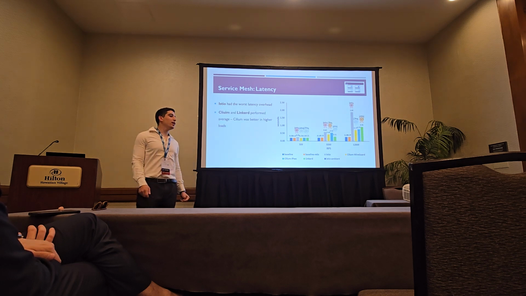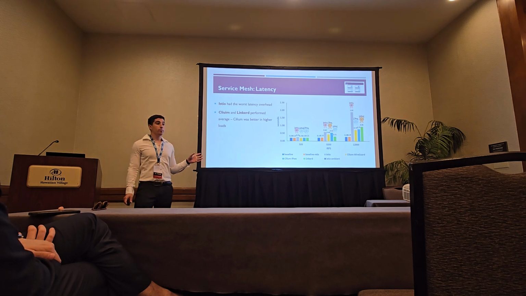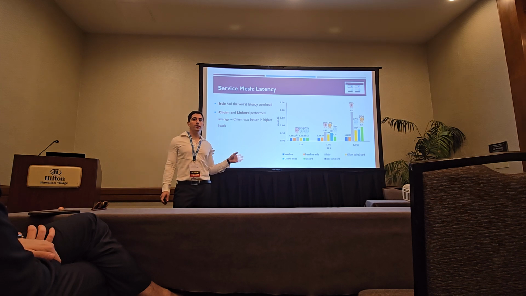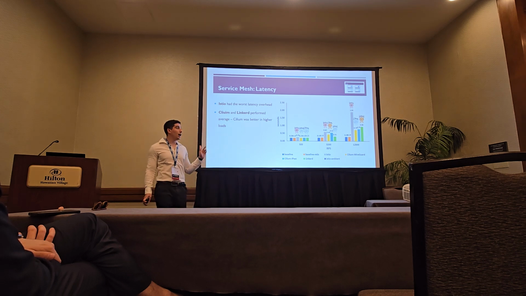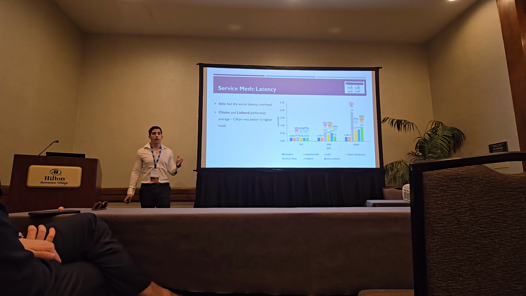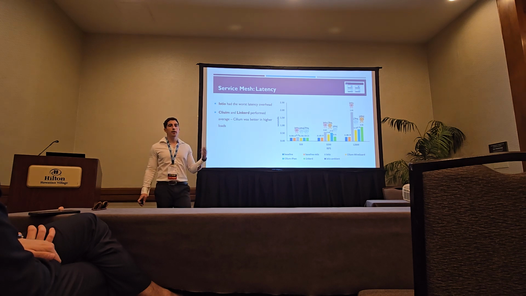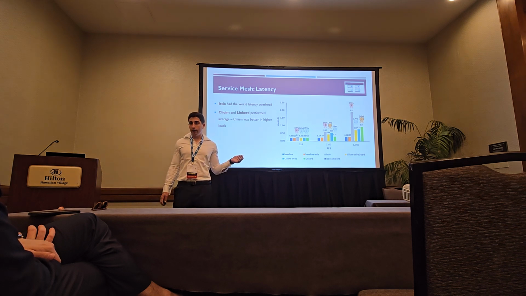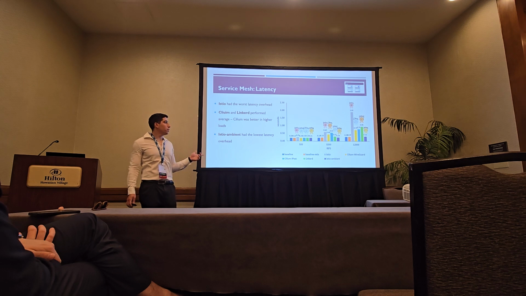Then we have Cilium and Linkerd, which were about average, in second and third place, about the same, but in the higher loads, Cilium was better, and in the lower loads, Linkerd was better. And I will remind you that Cilium is sidecarless, while Linkerd is sidecar.